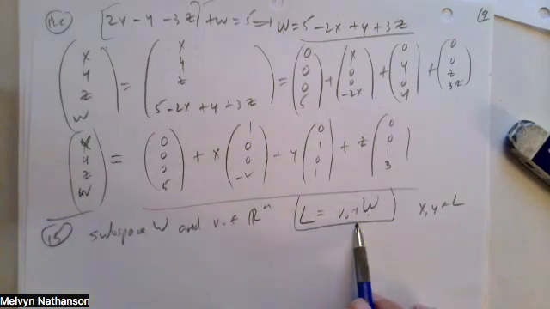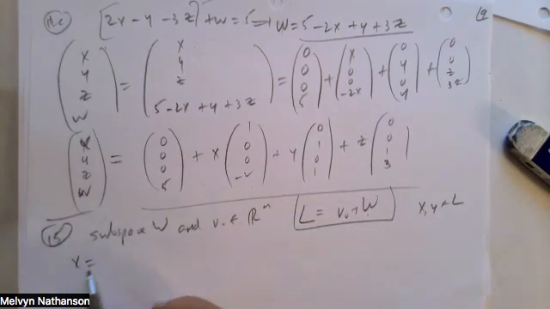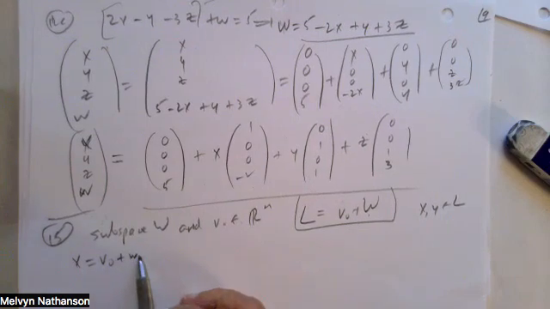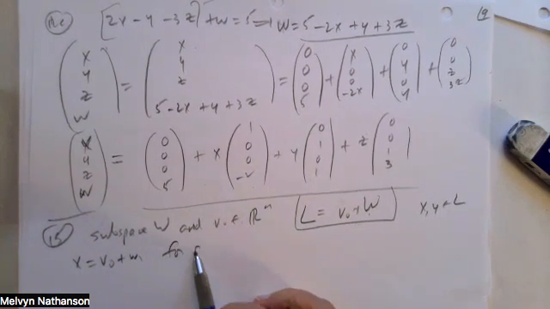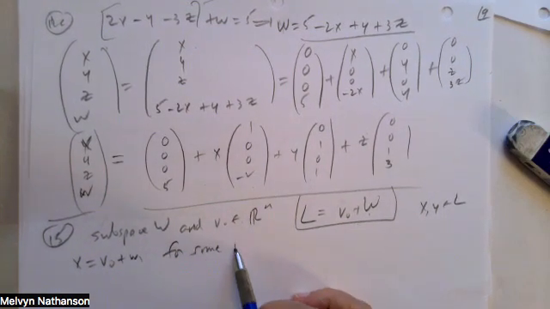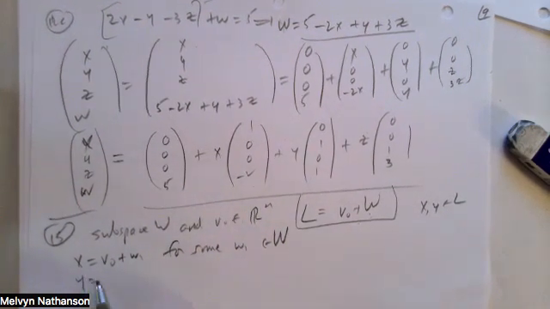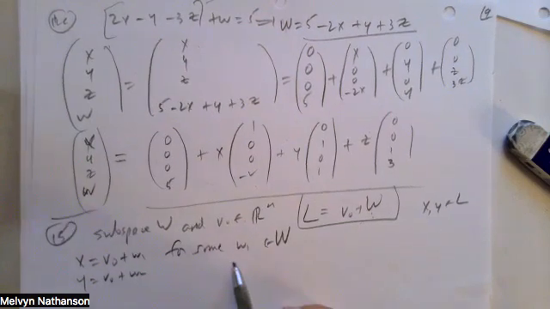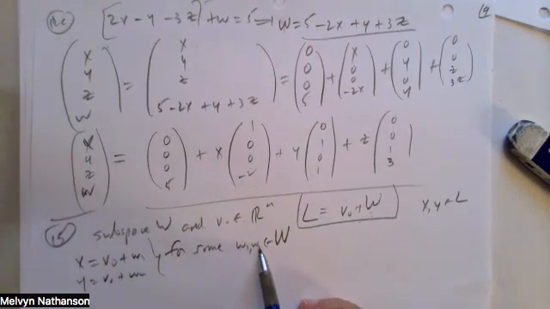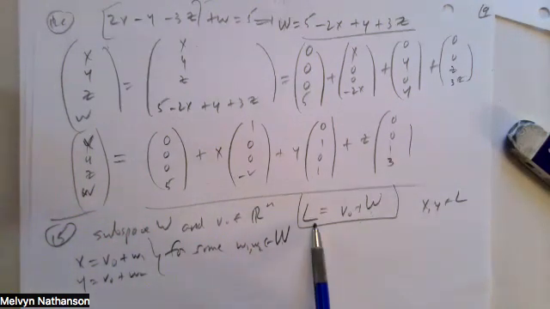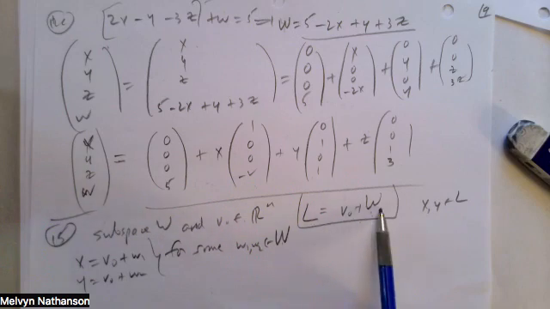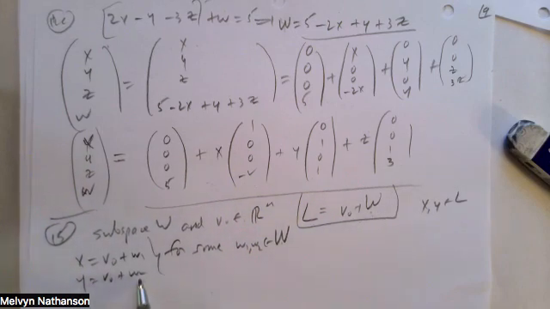If X is in the affine subspace, X is equal to V0 plus W1, for some W1 in W, and Y is equal to V0 plus W2 for some W2 in W. That's what it means to be in this affine subspace. Every vector is V naught plus something in W. So I can write X and Y in this form.